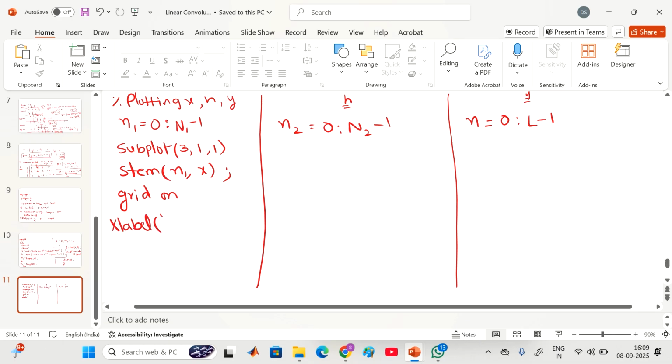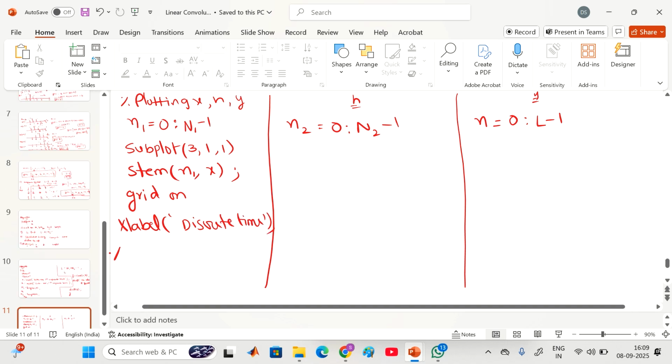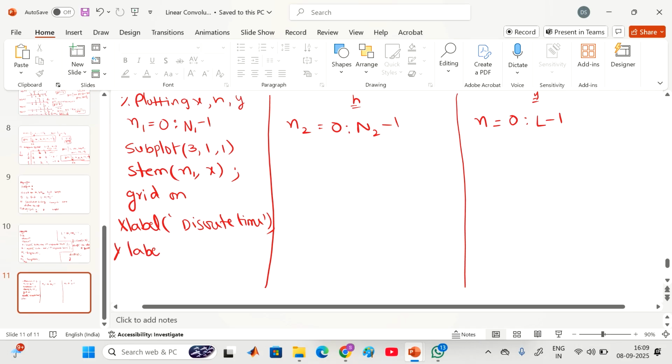So x label is discrete time, because it is the n value. Then y label is amplitude. Throughout these, the y label is amplitude only. X label is always discrete time. Then title is first sequence.